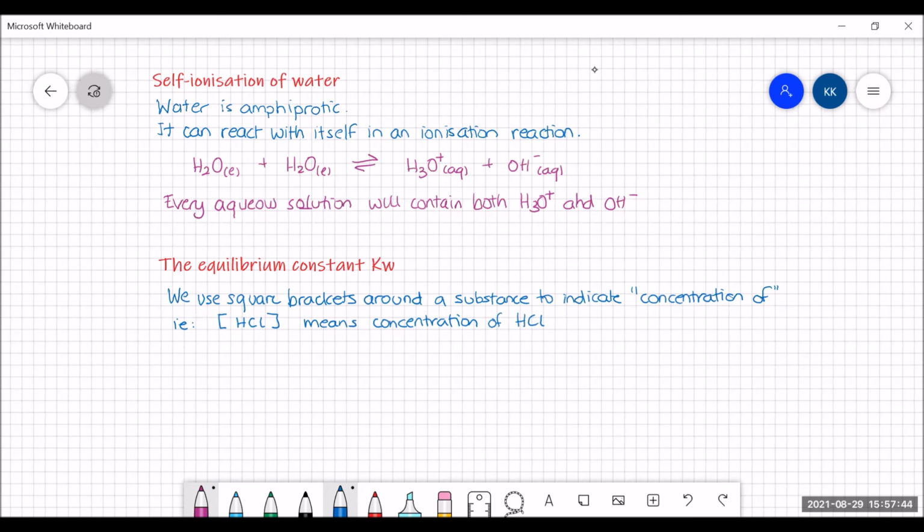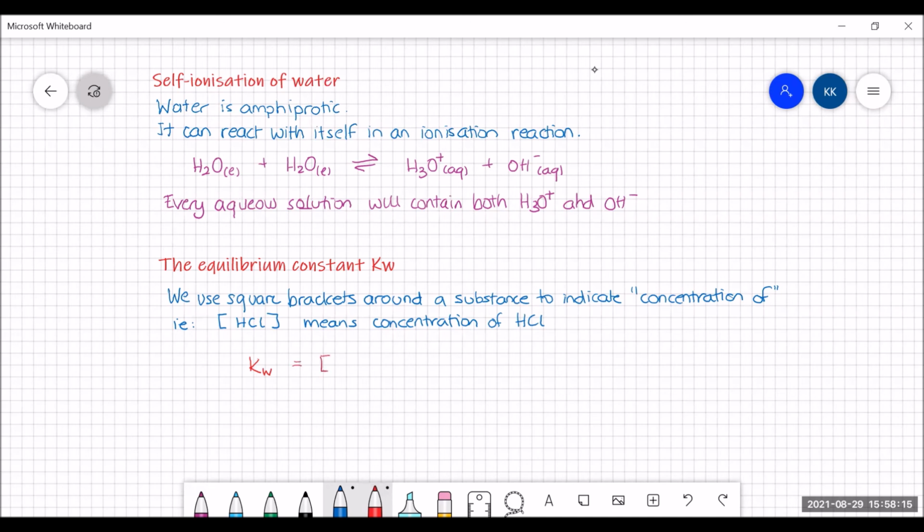So just a little bit about notation. We're going to use square brackets around a substance to indicate the concentration of it. So if you've got square brackets around HCl, that means concentration of HCl. So the equilibrium constant for the self-ionization of water is called Kw. All equilibrium constants are called K. There are some special ones. Ka is the acid constant, Kb is for bases, and Kw is for water.